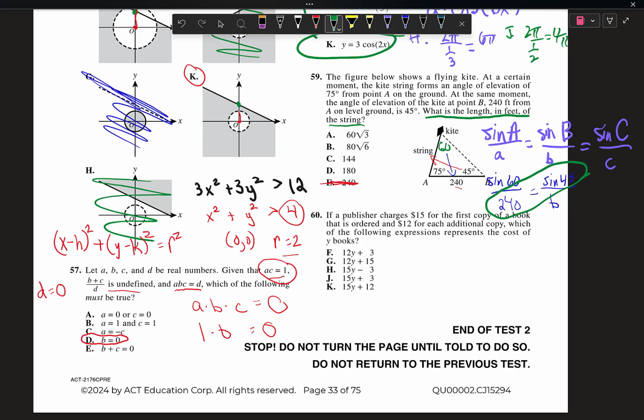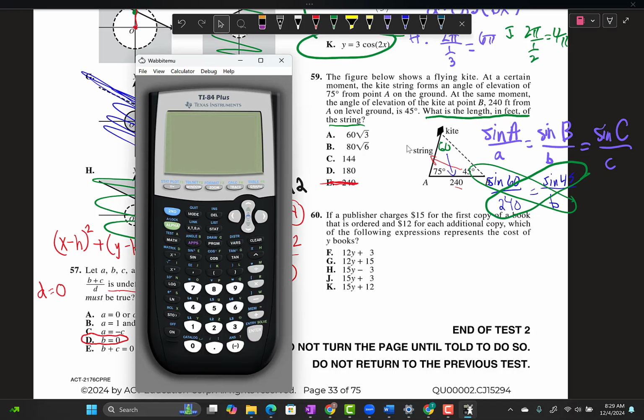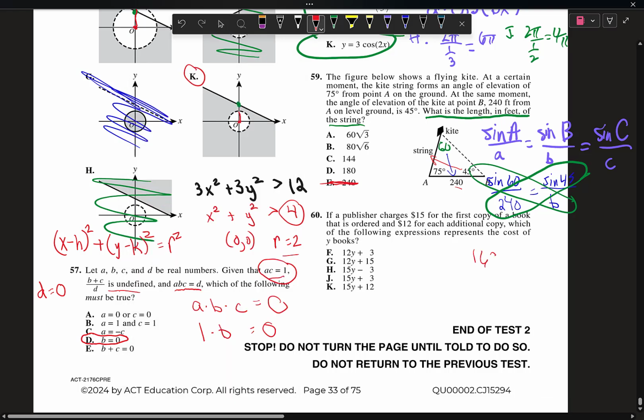So we will need a calculator to help us out here. Again, make sure you're in degree mode. So one cross product is 240 times the sine of 45, and we get that decimal. Now let's think a step ahead so we don't have to write any additional information down. So that cross product is roughly 169 point something, doesn't really matter.